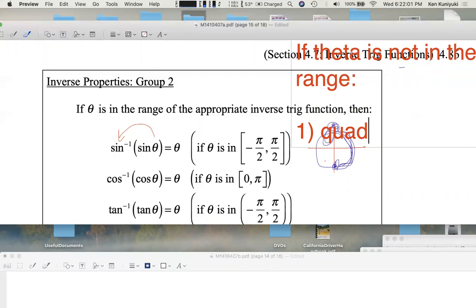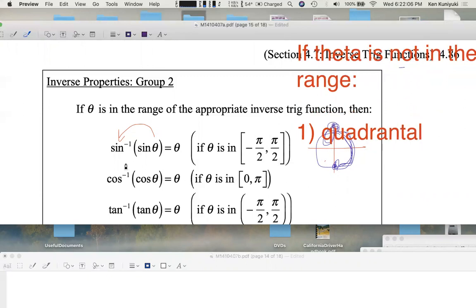First of all, the answer could be a quadrantal angle, although pi and 3 pi over 2 and 2 pi, those are not in the ranges of these inverse trig functions.